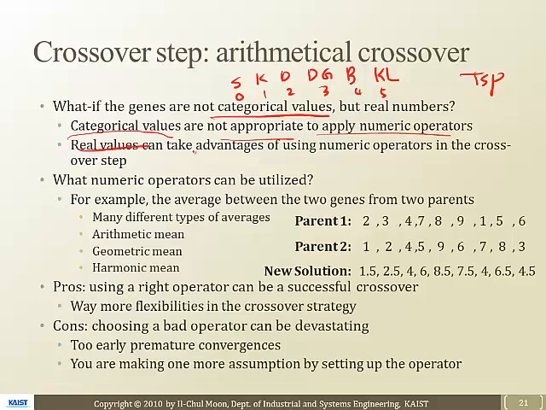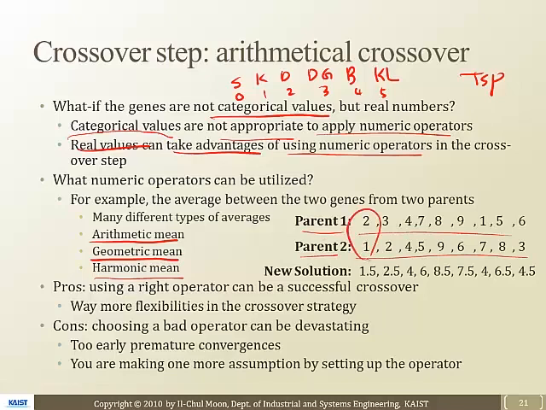But real values can take advantage of using some numeric operators in the crossover. For example, you can find the arithmetic mean of those two, or geometric mean of those two, or harmonic mean of those two. You have two parents, they have these values, and we can get new solutions by using means.